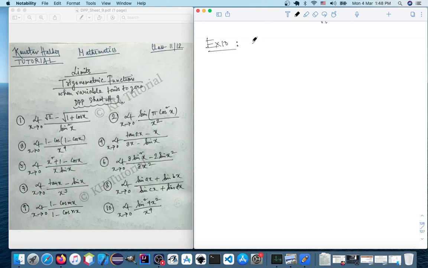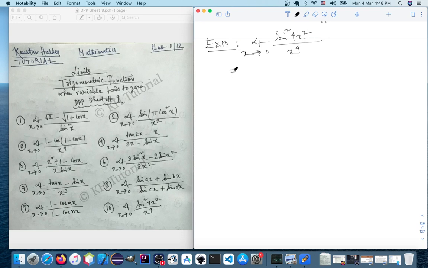It says limit x tending to 0, sine square 4x square divided by x to the power 4. Okay, so we have sine square 4x square, that is sine 4x square whole square.